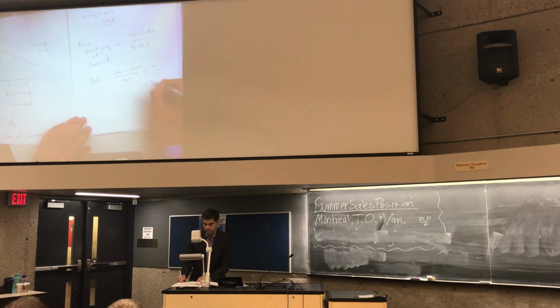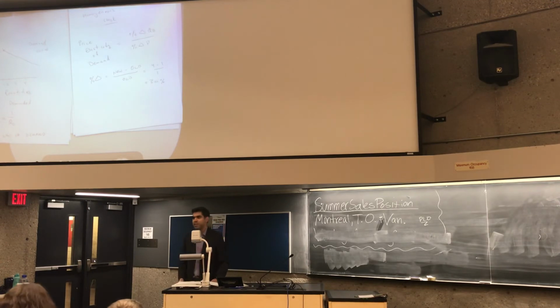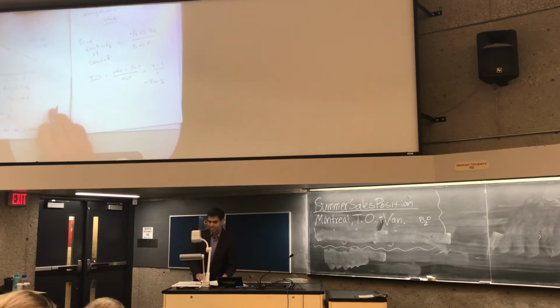This is a 300% change. Remember this from high school? No? Alright, good thing we went over that, because this is going to come up in your quizzes. So that's how you get percent change.